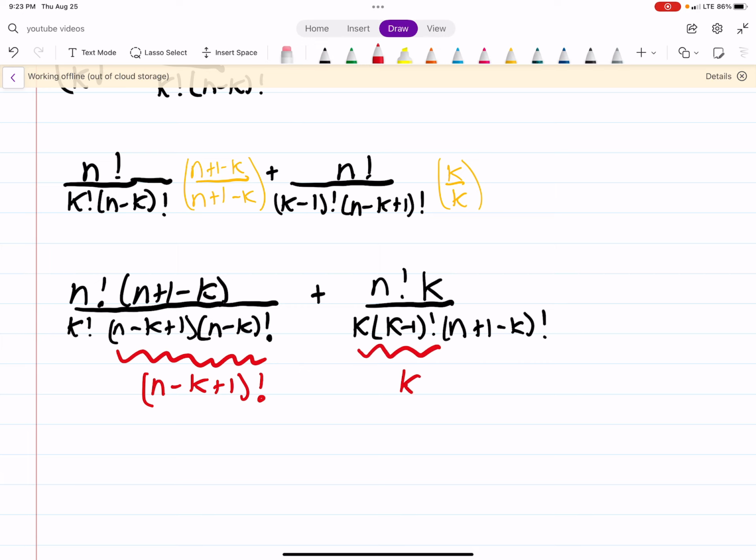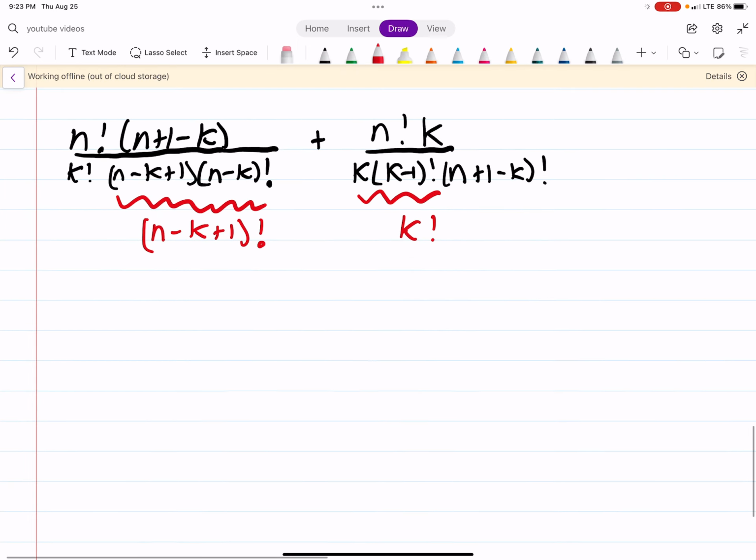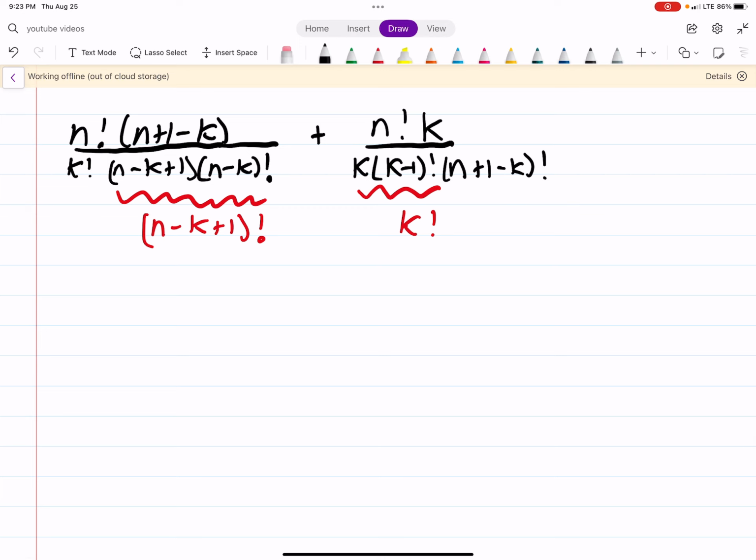This is just k factorial, right? Just written maybe a little bit strange.